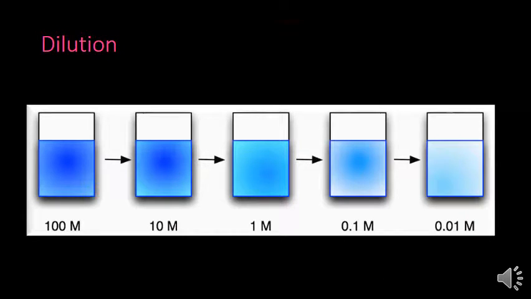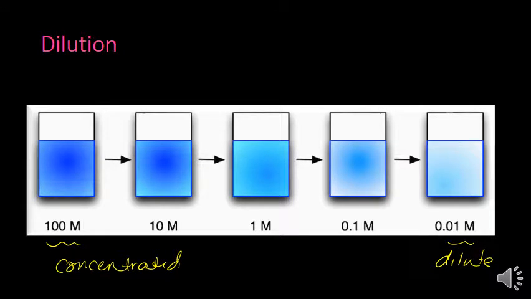All right, here we go. So if something has a large number, we say it's concentrated. And if something has a low number, it is more dilute, because we measure molarity in terms of moles per liter. The smaller this number is, the smaller that number is.